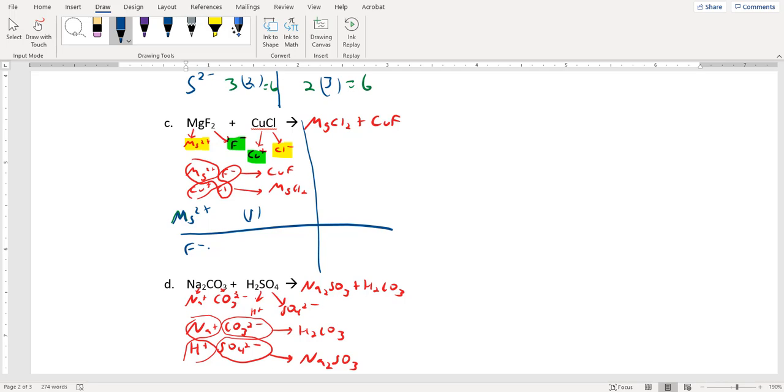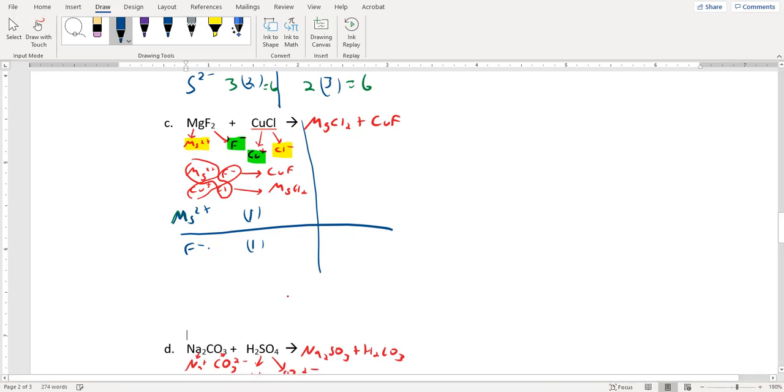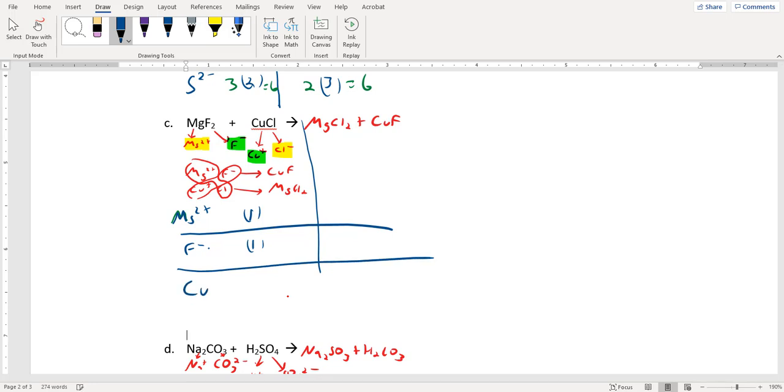There is 1 for fluoride. And then we have to include copper, which has a plus, and a chloride. And I'm writing down the ions even though they don't make a difference at this point. Let's see, 1 copper, 1 chloride for the reactant side.